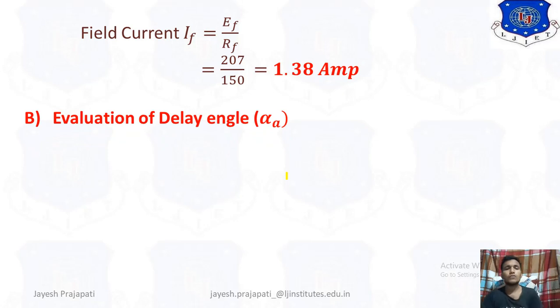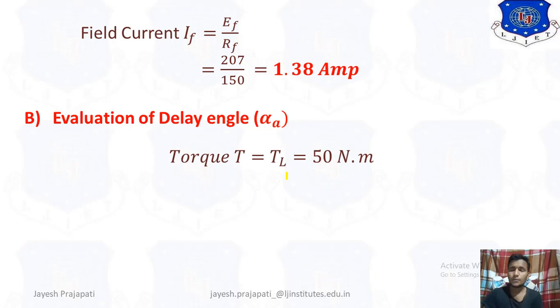So, evaluation of delay angle alpha A. We know that the torque T is equal to the load torque TL, 50 Newton meter, that is given in the example. Now the torque T is equal to KB into IA into IF. That is the equation that we have discussed in our lectures, also for electromagnetic torque.